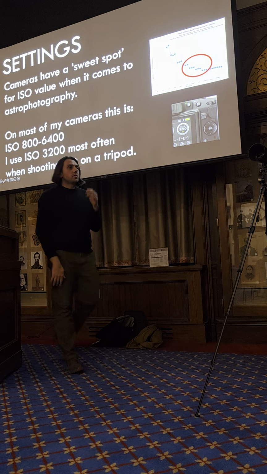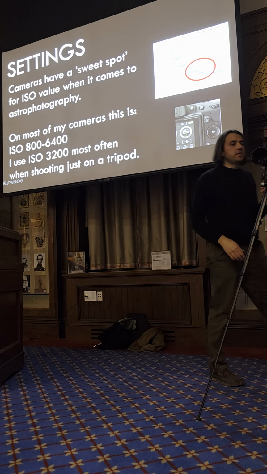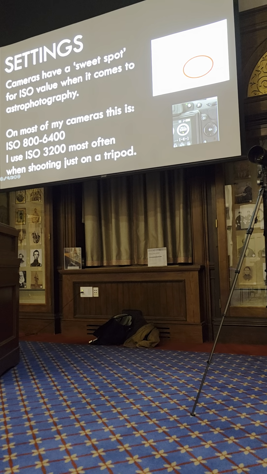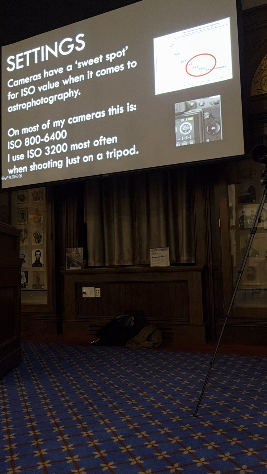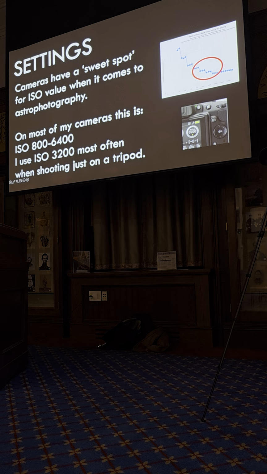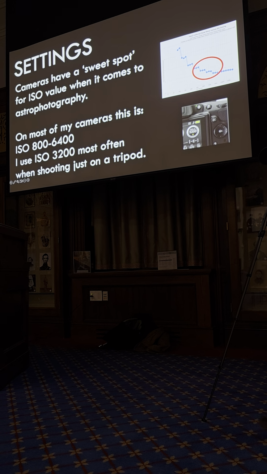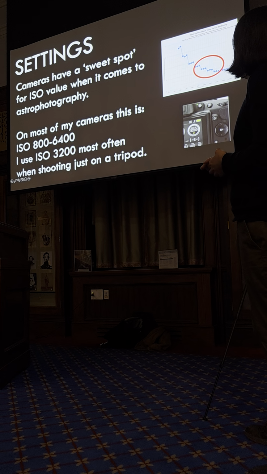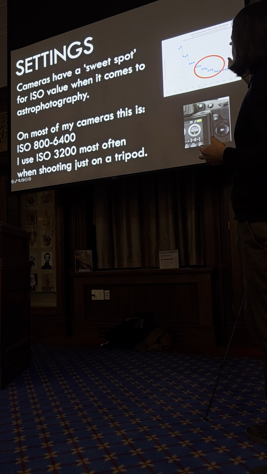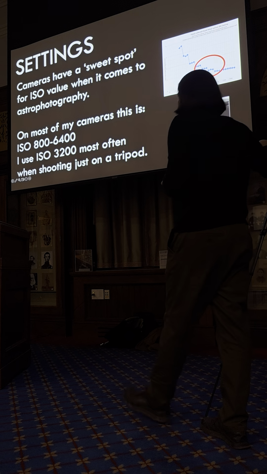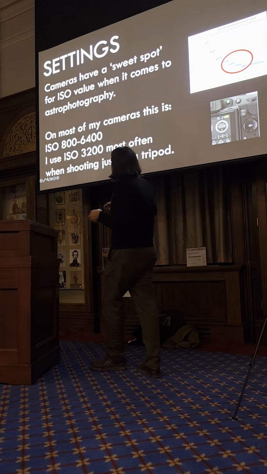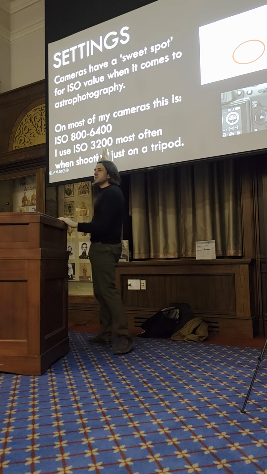And then the next exposure setting is the ISO. It takes a picture, then applies what's called gain to that picture. So it basically multiplies the values that you've captured. There's some confusing stuff here, but basically there's a sweet spot for any digital camera where the gain works best for astrophotography, and it's usually between 800 and 6400.